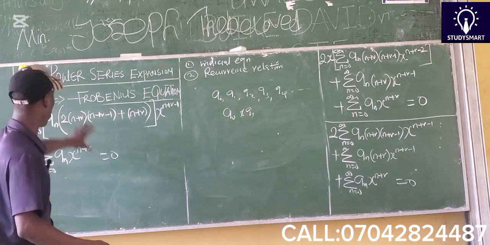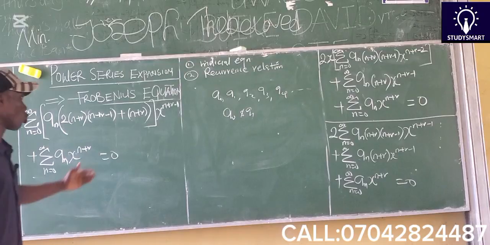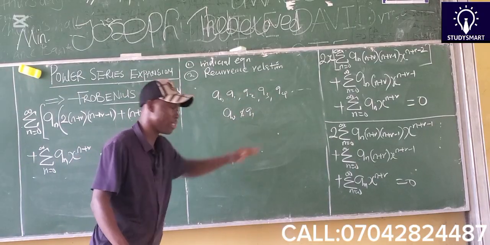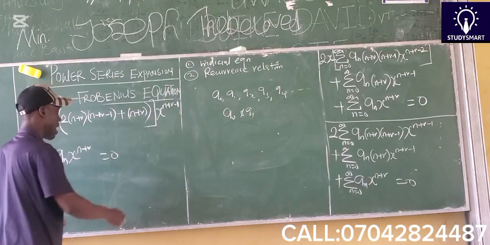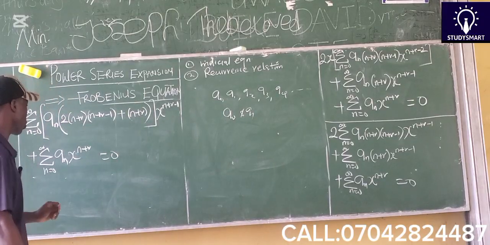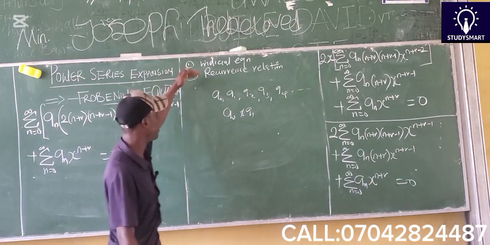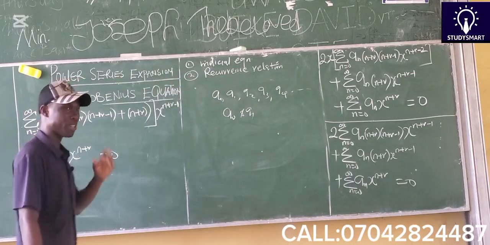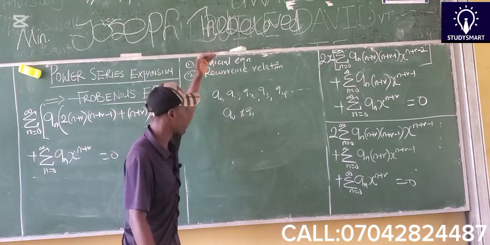That's just the major idea of what we are doing here: to express this whole stuff in terms of this. From this whole series equation we are going to create the indicial equation, and again from the whole series equation the recurrence relation.